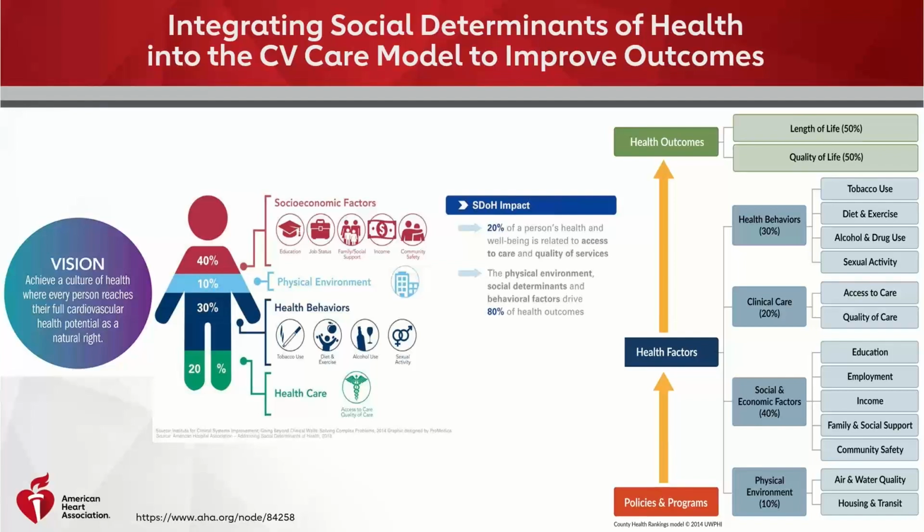And so as we look at those social determinants, we realize that we can significantly impact the length and quality of an individual's life if we can deal with those health behaviors, the clinical care, the social and economic factors, and the physical environment in which our patients live.